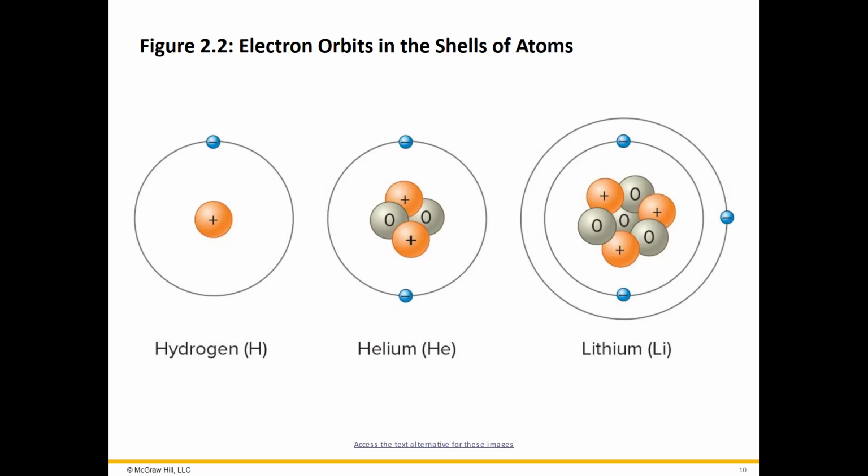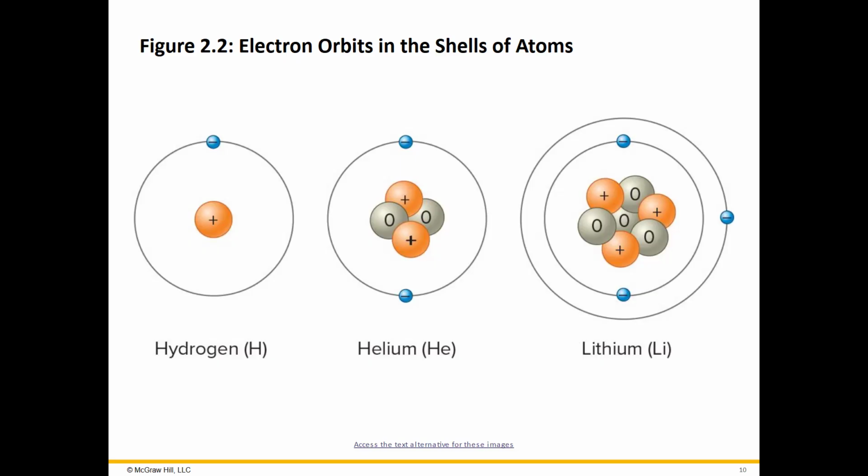Hydrogen is unique. It does not have a neutron. So hydrogen's atomic mass is also 1. Fun fact, if you were to have a sample of hydrogen with millions and millions of hydrogen atoms, because all of them would have the same atomic mass of 1, it would also have the same atomic weight, 1.